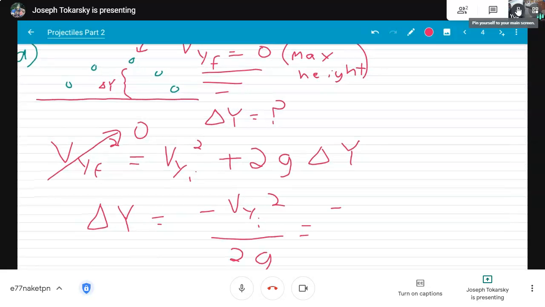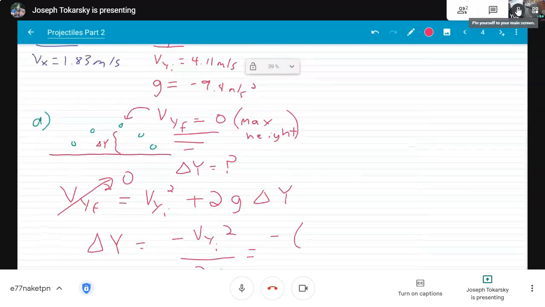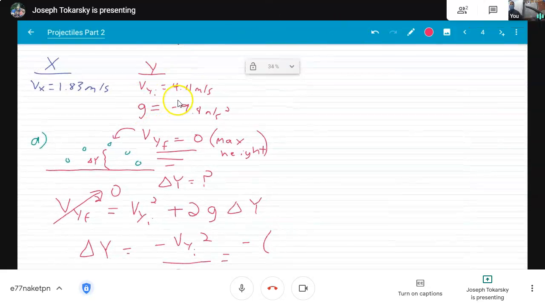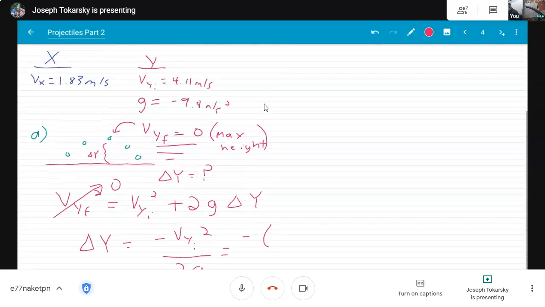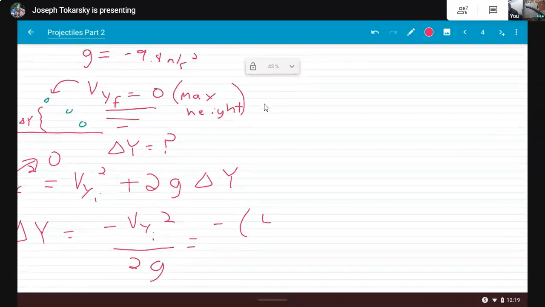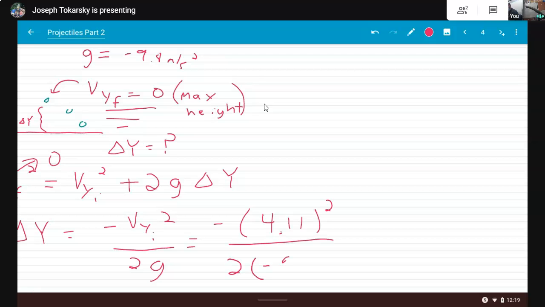Plug in our numbers, our Vy initial that we found out popped here in our givens was 4.11. Square that, divided by 2 times negative 9.8. We do that correctly and run those numbers. Our delta y is 0.86 meters.